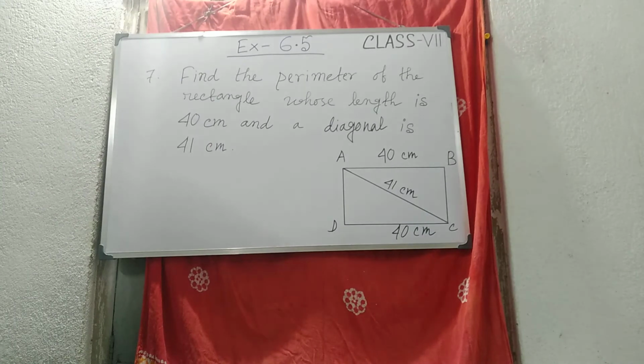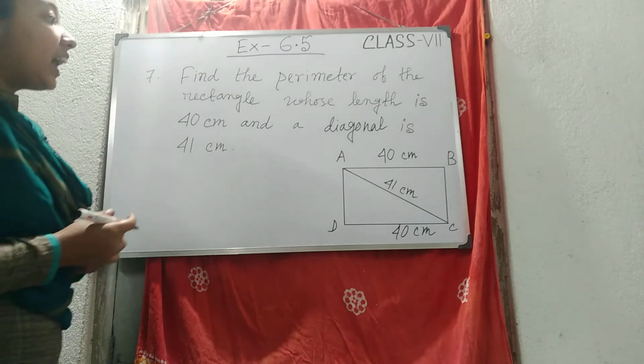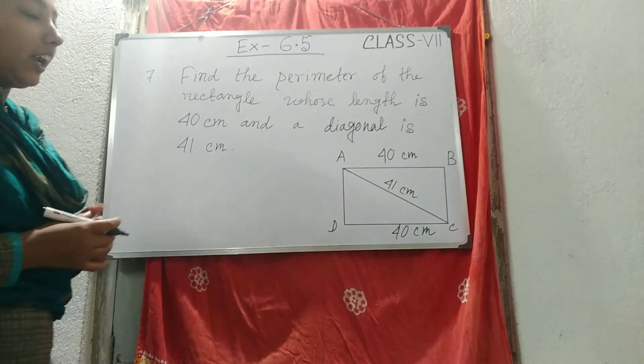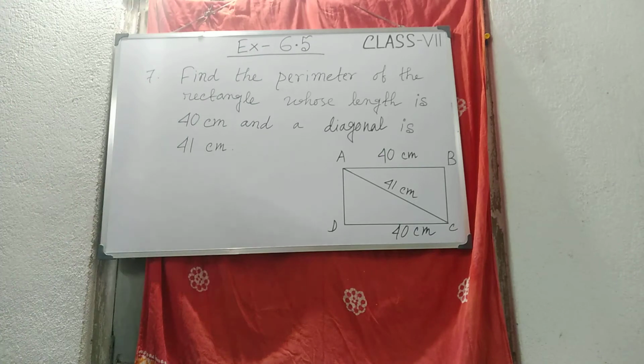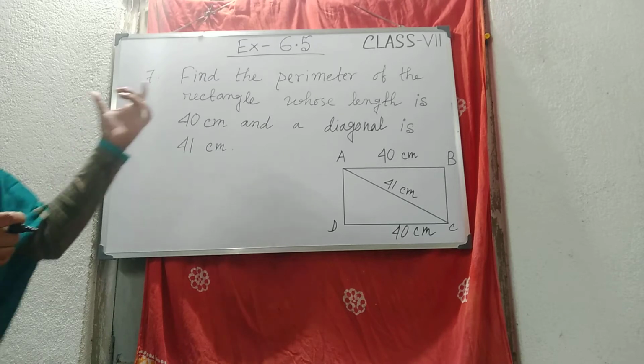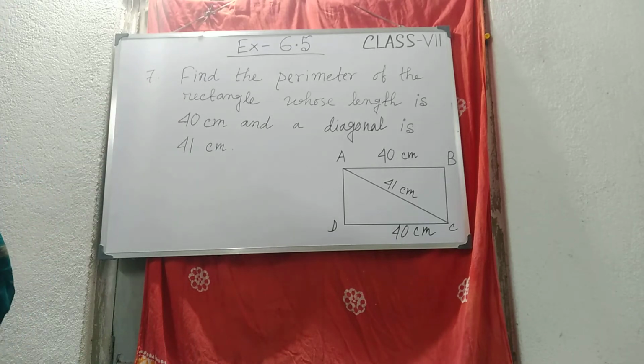So find the perimeter of the rectangle. We need to find perimeter of this rectangle. So how can we get perimeter of any rectangle? Which values we need for finding perimeter of any rectangle?